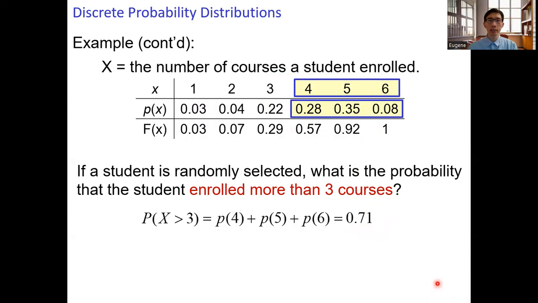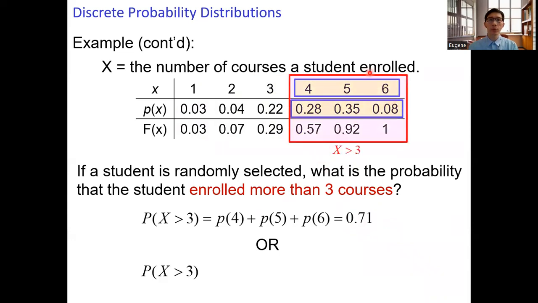And we can also get this number by using the CDF value. The event X greater than 3 corresponds to the values X equals 4, 5, and 6. And the event X less than or equal to 3 corresponds to the remaining values of X equals 1, 2, and 3.